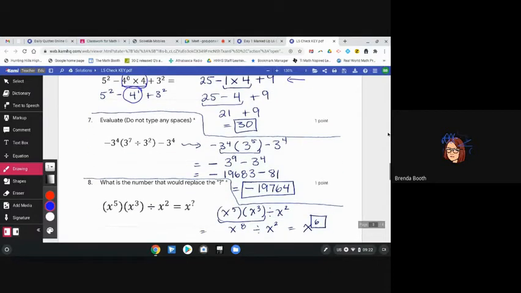In number 7, I'm following BEDMAS, but at the same time, I'm using exponent laws. So I know that I'm supposed to work in the brackets first. What I did in the brackets was I used my quotient of powers rule, where the base stays the same and I subtract exponents. So that got me to here.